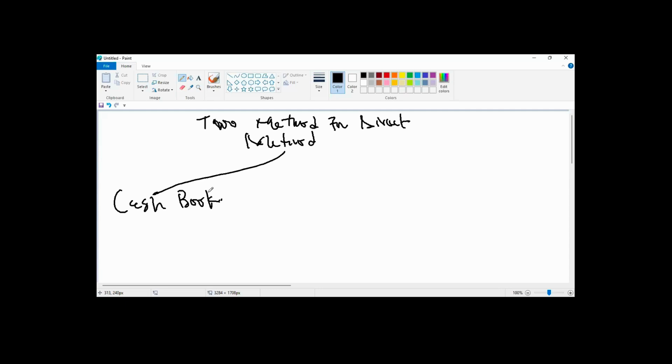Two, existing financial statements. These two ways.